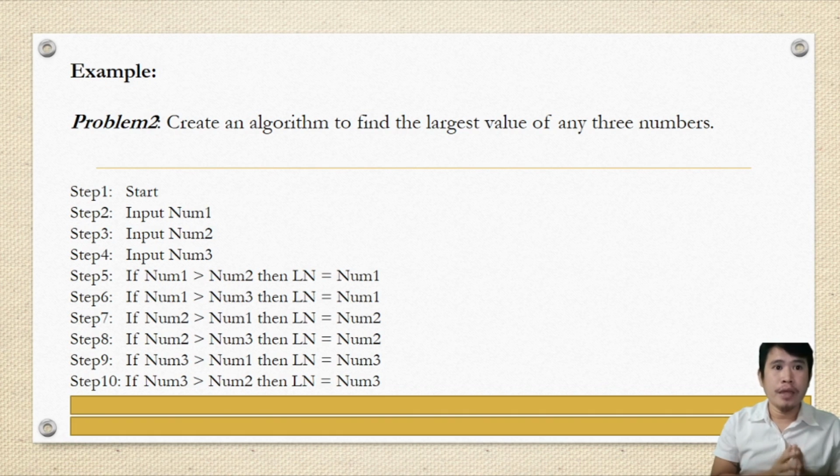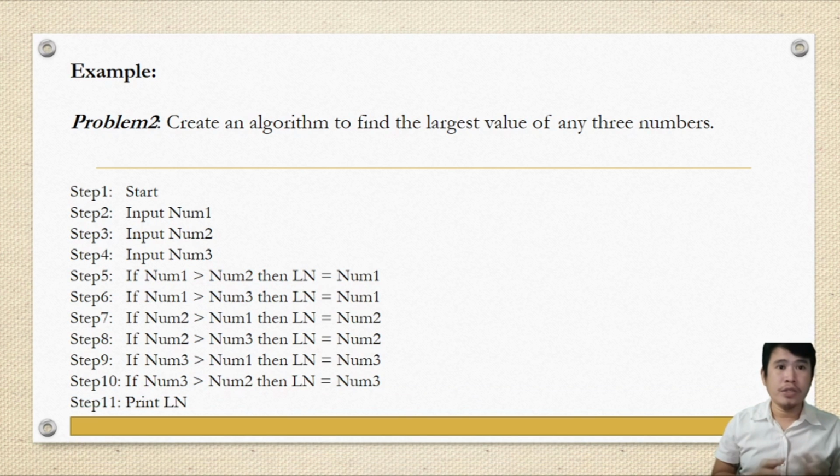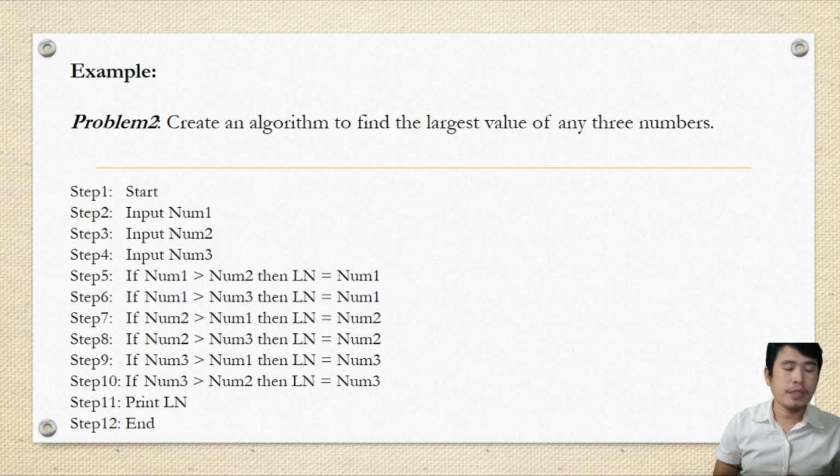If not, then your algorithm is not correct or is wrong. Okay? So, step 11, after all the comparisons, print the largest number or ln. And then, step 12 is end.